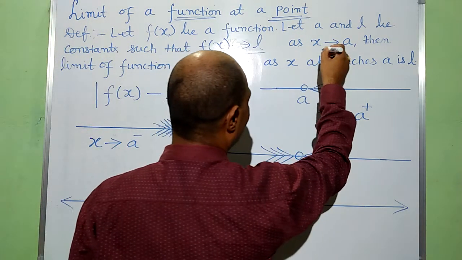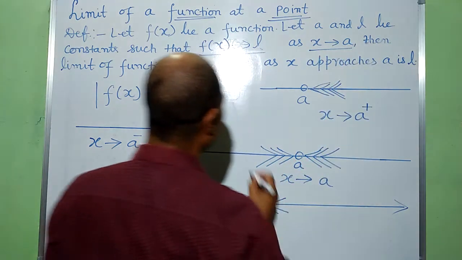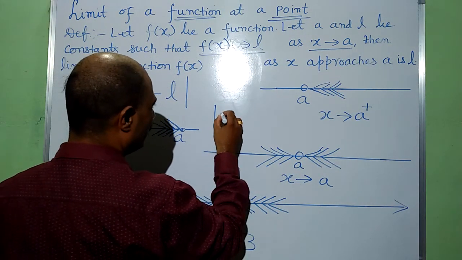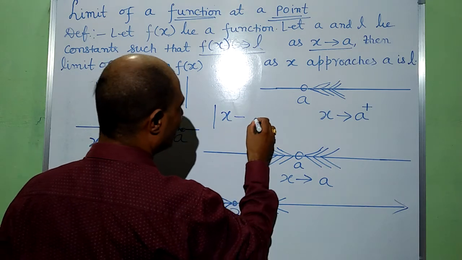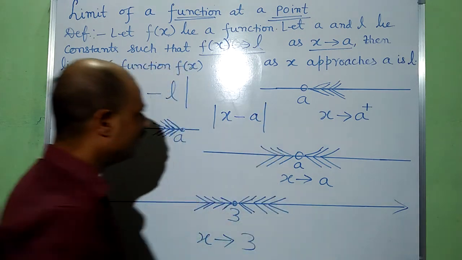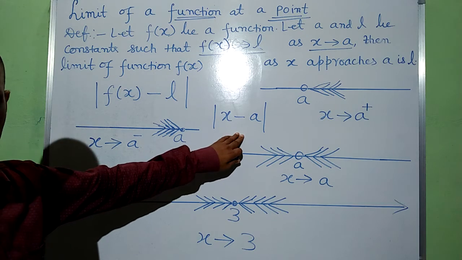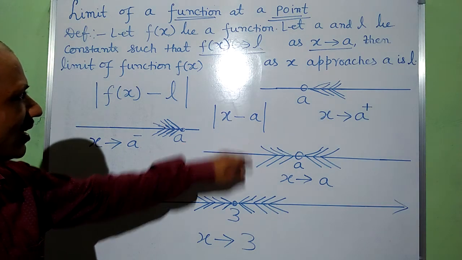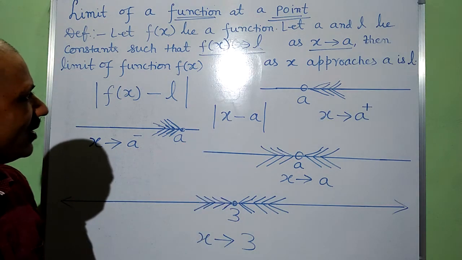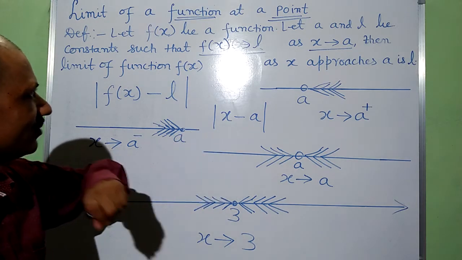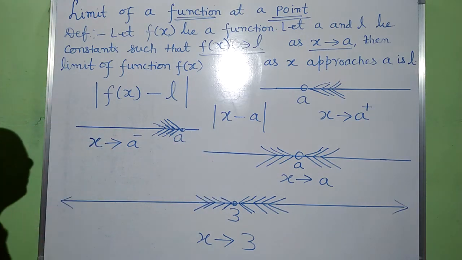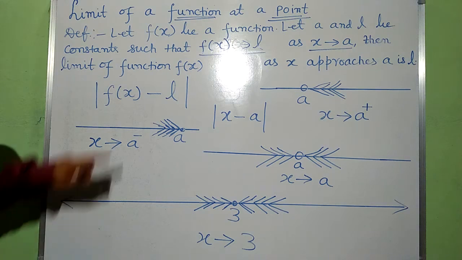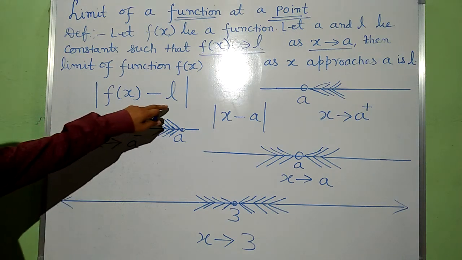Similarly, x approaches a means the modulus of x minus a is as small as we please. There is a slight difference between x and a. Similarly, there is a slight difference between f(x) and l.